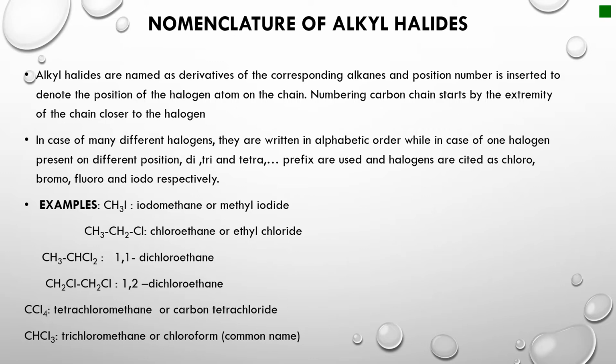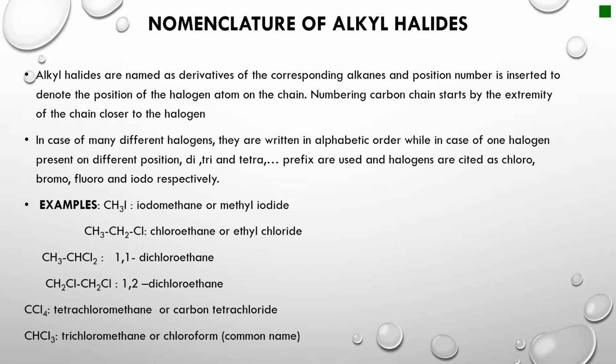And the halogens are written as substituents. That's why their names change from chlorine, bromine, fluorine to chloro, bromo, fluoro, and iodo respectively.